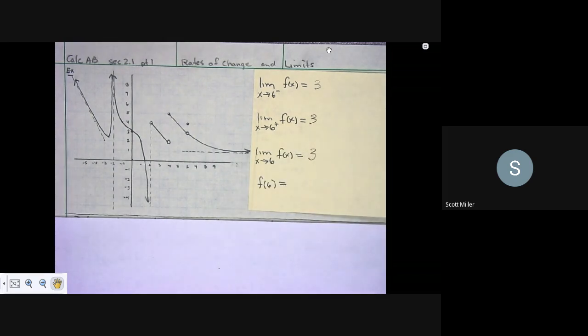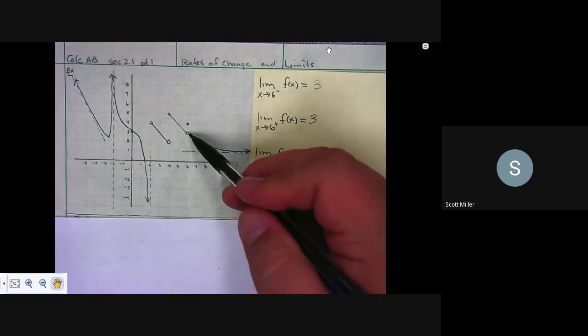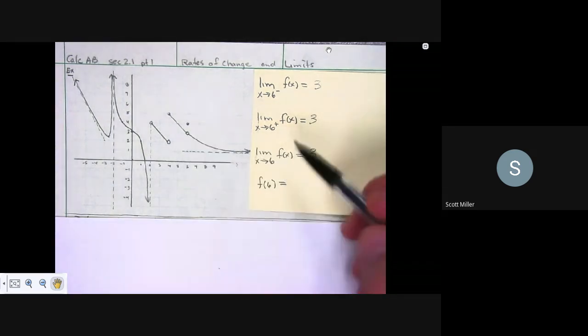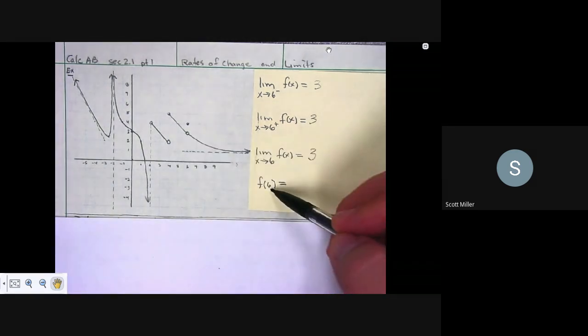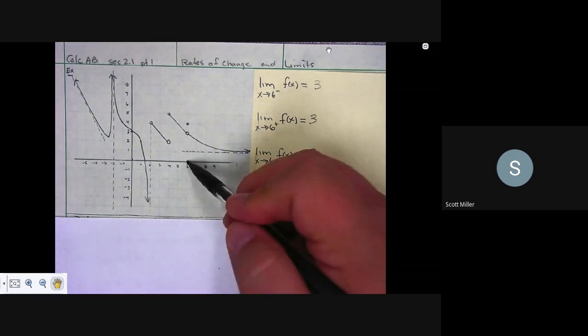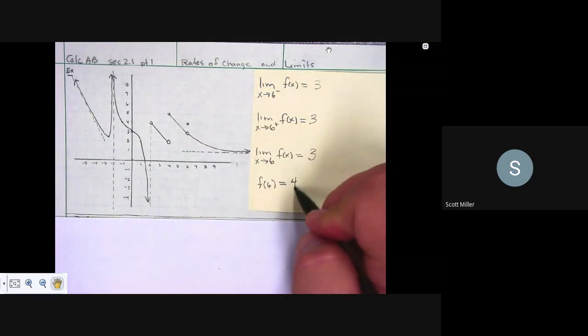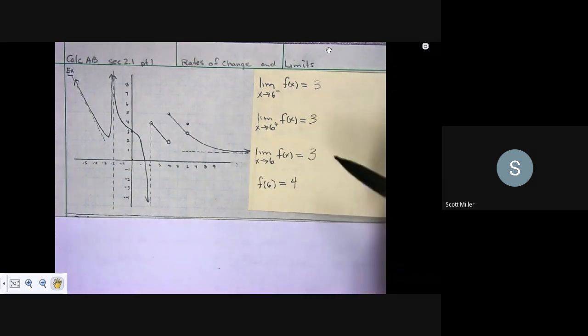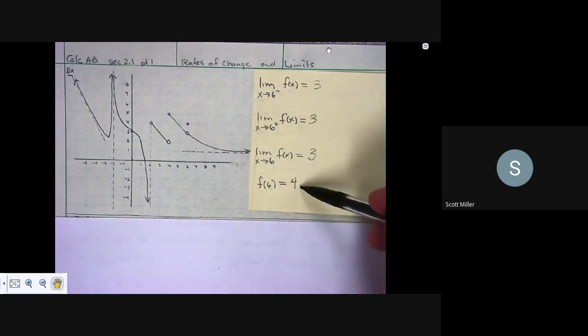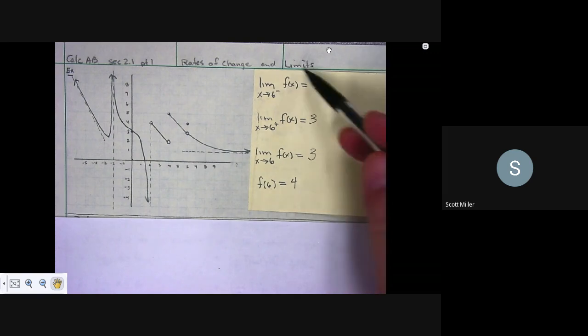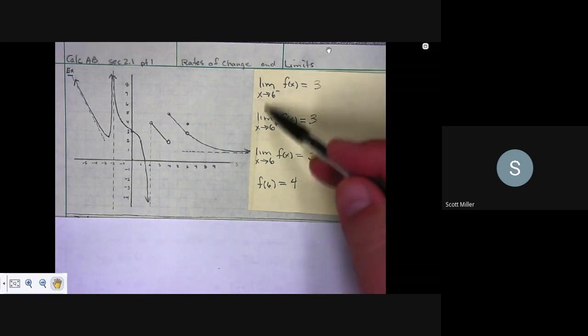That's what that meant. But notice what happens at 6. What is the value of the function at 6? Well, it's not 3, is it? It's 4. So what this is illustrating is for you to understand that the limit has nothing to do with the value of the function that you're approaching, okay? It has to do with as I get closer to that.